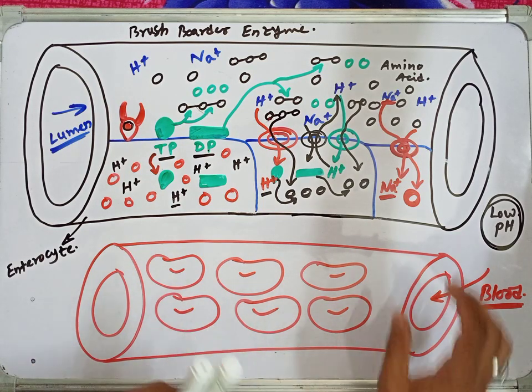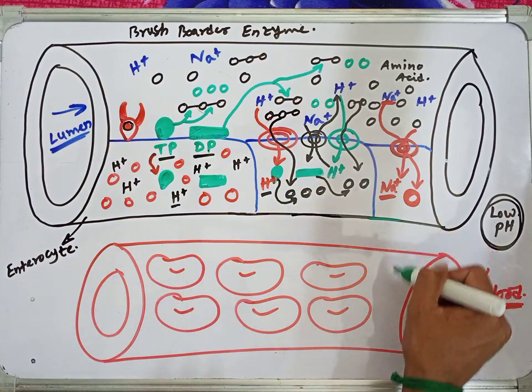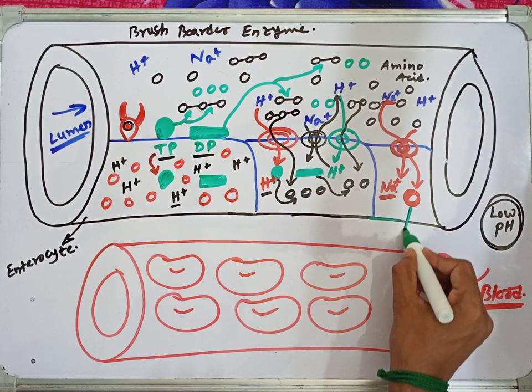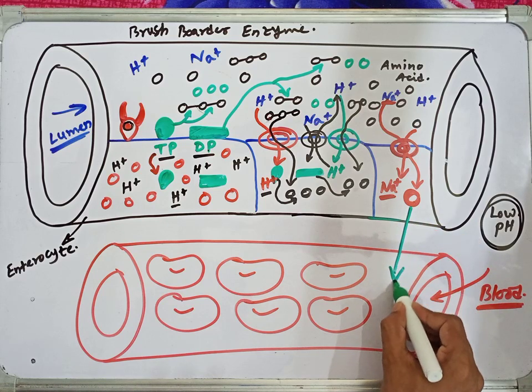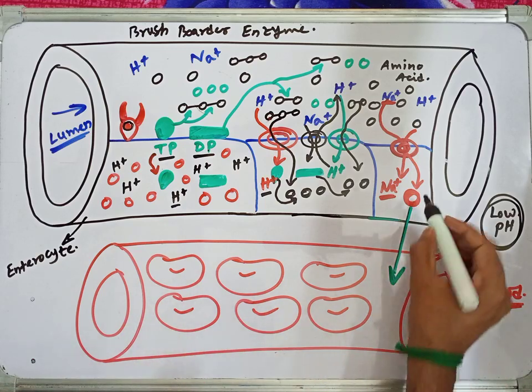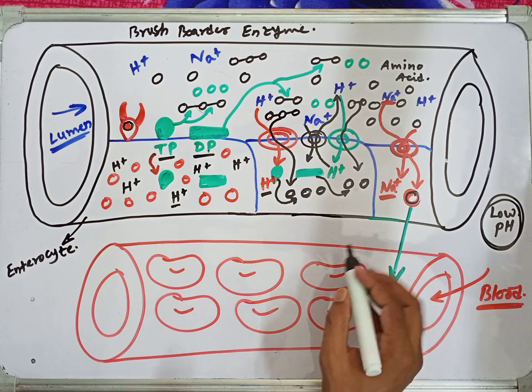Now there is no special mechanism to absorb this amino acid into the blood. That is actually directly transported by simple diffusion. That means it is an active transport mechanism. By the active transport mechanism, this amino acid is transported directly into the bloodstream, right?